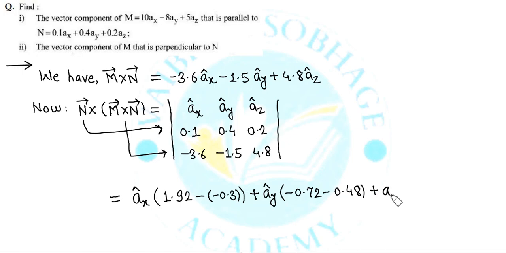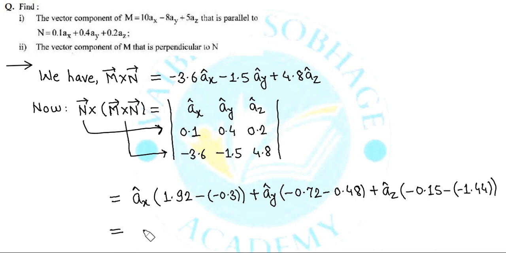Plus az, then 0.1 into minus 1.5, which is minus 0.15, minus minus 3.6 into 0.4, which is minus 1.44. Now simplify that one so that you will find the value of n cross m cross n.